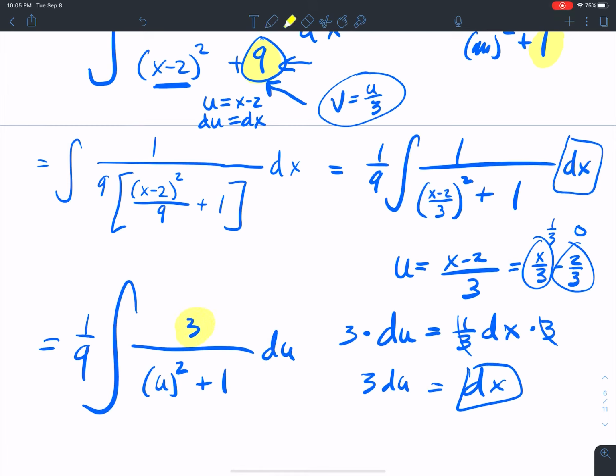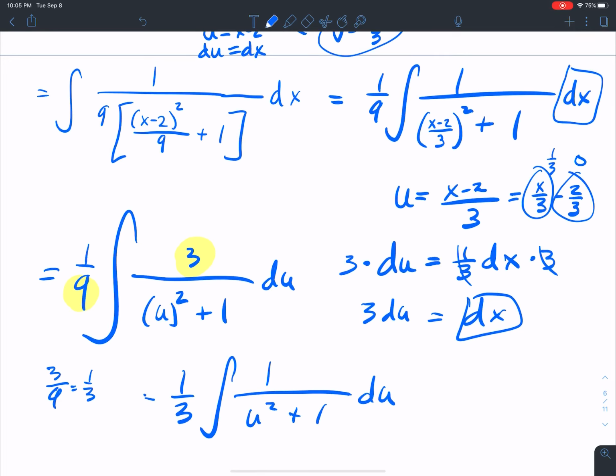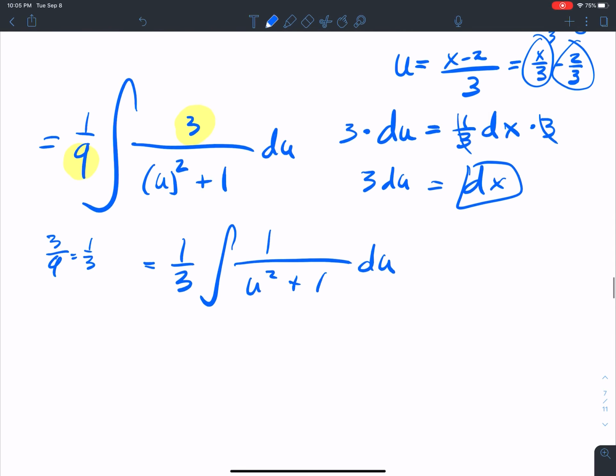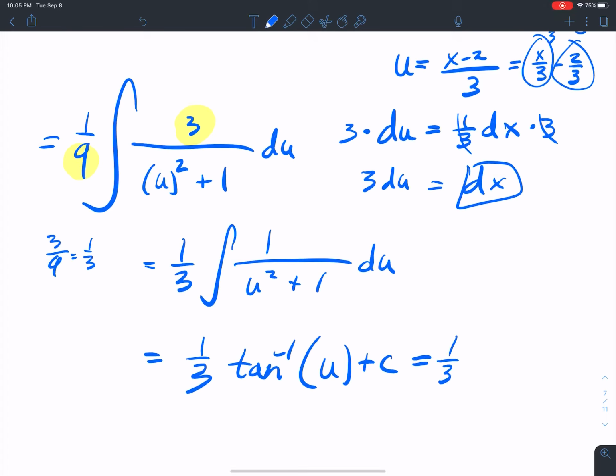So that's 1/3 integral 1 over u squared plus 1 du, and so what do we get? We get 1/3 tan inverse of u plus c, where u is equal to x minus 2 over 3.